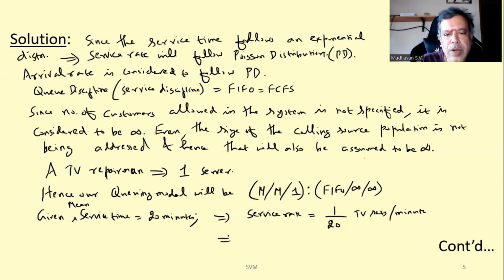If I convert it into hours, the service rate, denoted by the symbol mu, will be 60 divided by 20, and that will be 3 TV sets per hour.